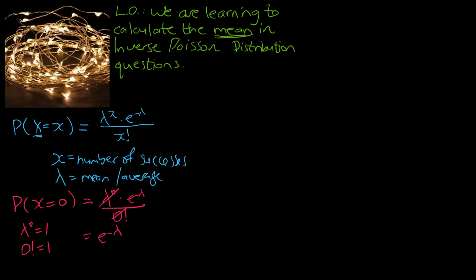So we'll switch to yellow. Question 1. I've got a picture of some fairy lights or Christmas tree lights. When I did a bit of research, I found out that these cables were produced in 100-meter lengths of fairy lights.